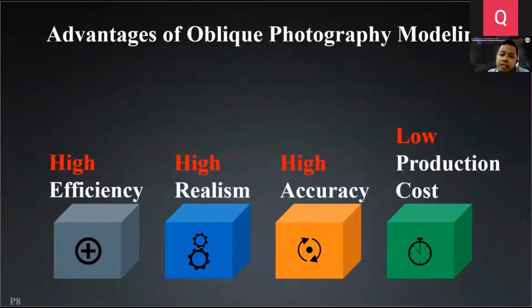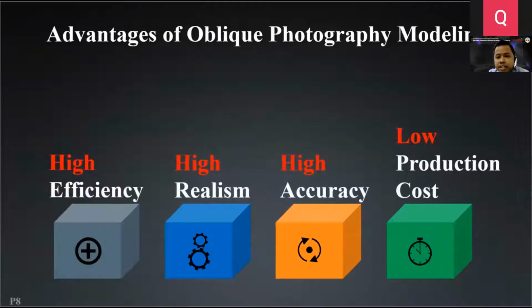These are the advantages of oblique photography modeling. The first one is high efficiency. It can collect a large 3D space area from different angles using a flight platform. The second one is high realism. It means it has a realistic 3D space scene resembling the real world. For example, it has prominent roof features, exterior walls, as well as fine features like terrain and landforms.